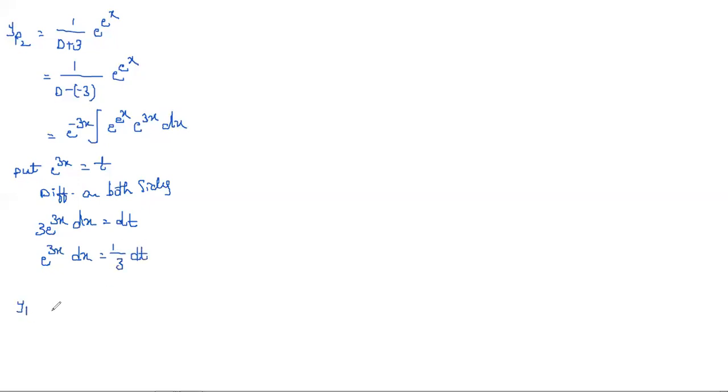So then yp2 is equal to e power minus 3x into integral e power x. Simply we can write e power x; it is better to choose e power x as t, so e power x is equal to t and e power x dx is equal to dt.